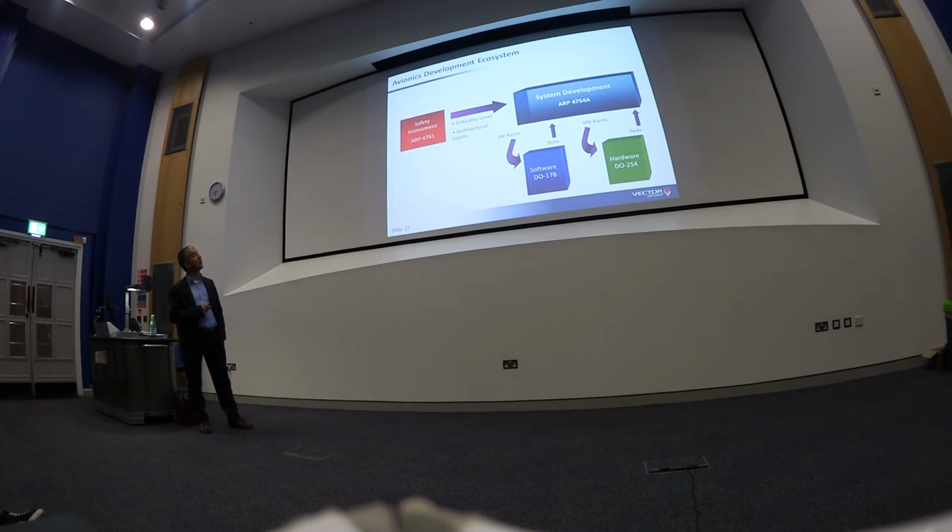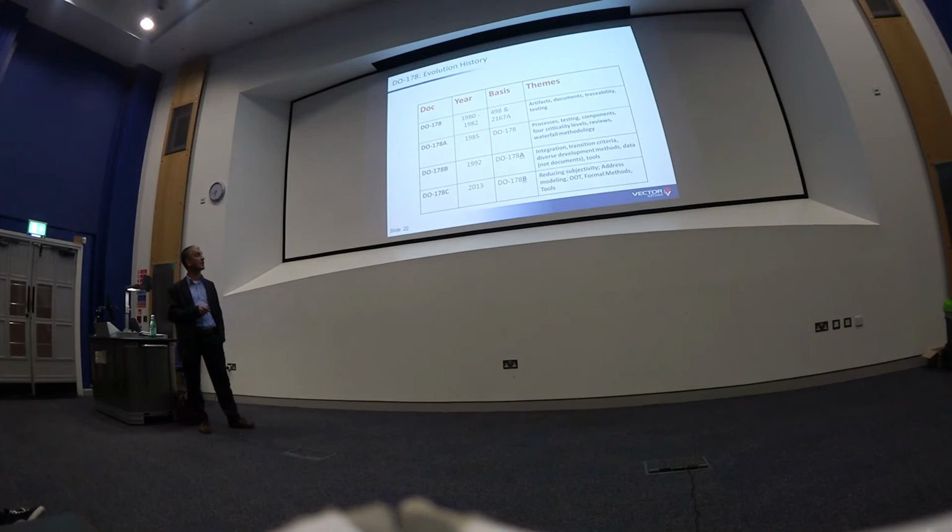There are some collateral standards: ARP 4761 for safety assessment and ARP 4754A for system development. And then you have the DO-178 and the DO-254. The safety assessment is one of the most important activities we will talk about.